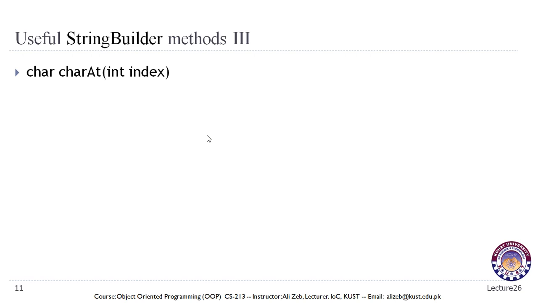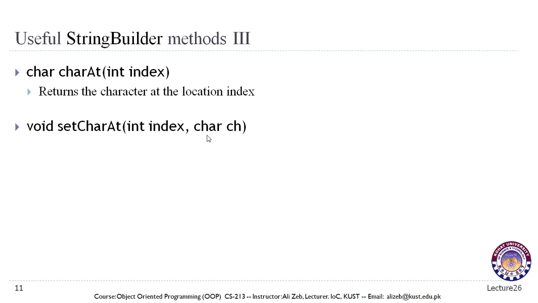We have a charAt method. We pass an index to that method, and it returns the character at that index location. It works the same as the string method that returns the character at a certain location from the string.